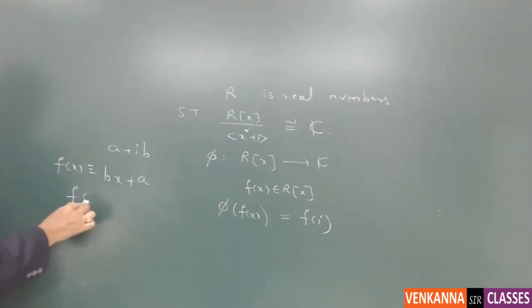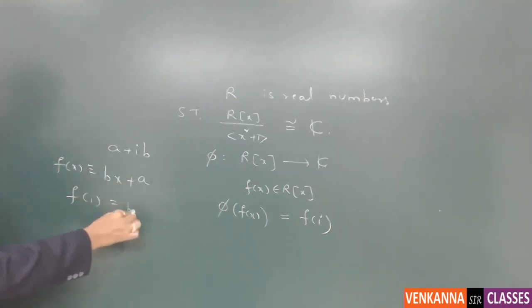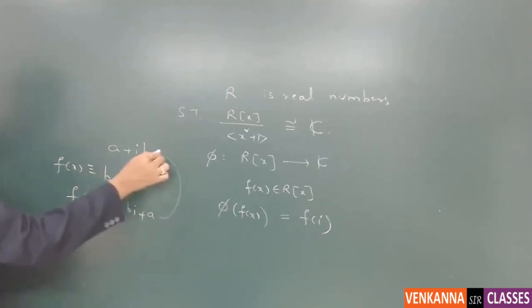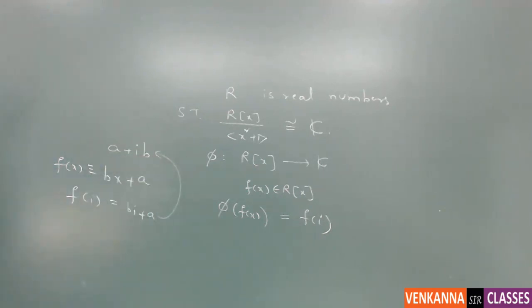So f of i, if you consider, is nothing but bi plus a, and our value will come automatically. Did you observe it? So if you define the function in such a manner, it is an onto homomorphism, which trivially satisfies. You can cross verify that if you are interested, or you can do it very easily.